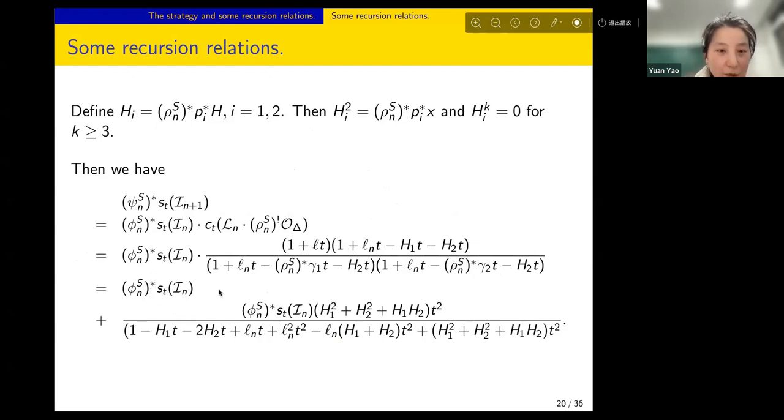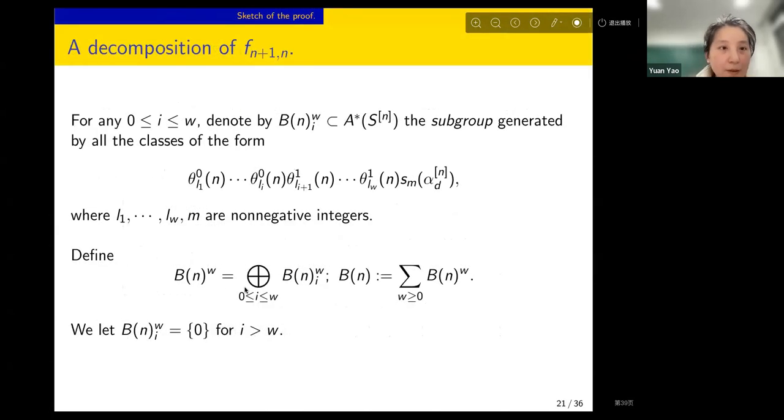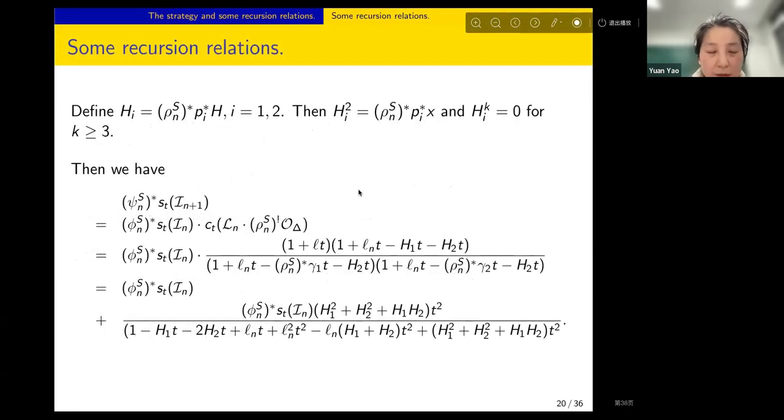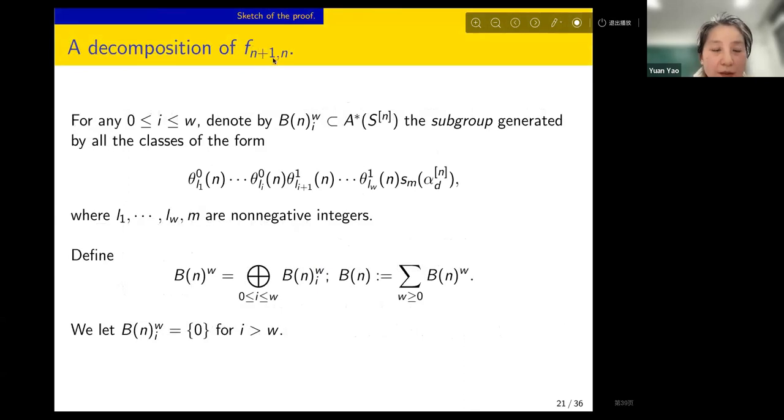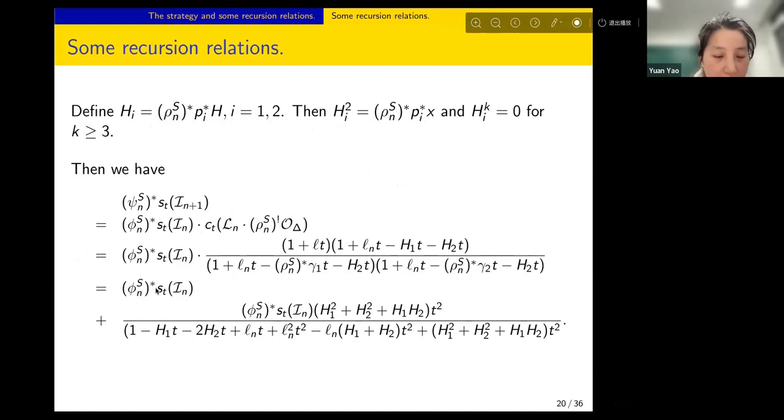So now this is the Chern polynomial. So it's the top degree, right? We have to do the decomposition of fn plus 1 minus n plus 1n, right? Recall that we have this morphism. We define the subgroup generated by all the classes. Once we did this fn plus 1n, we not only get the Chern class for this alpha n, we also get Chern classes for the others.